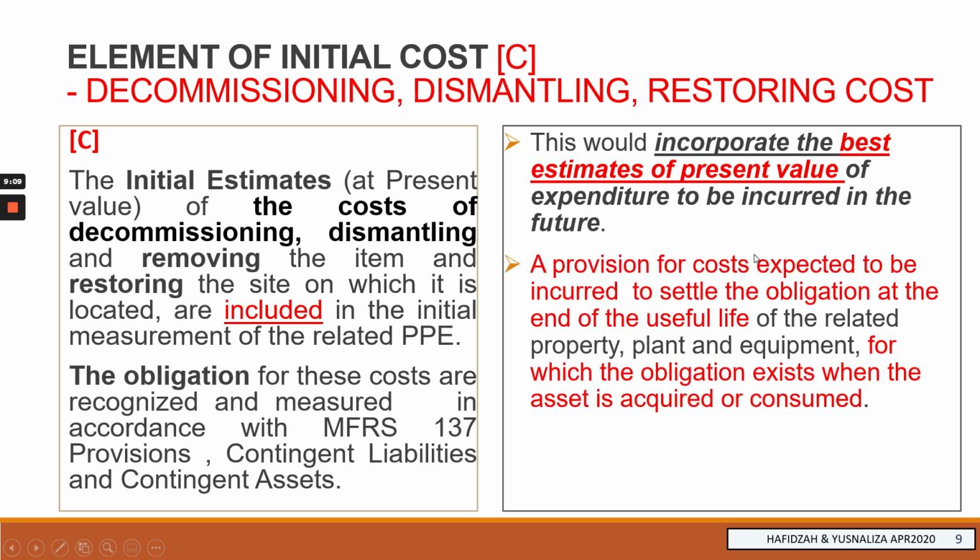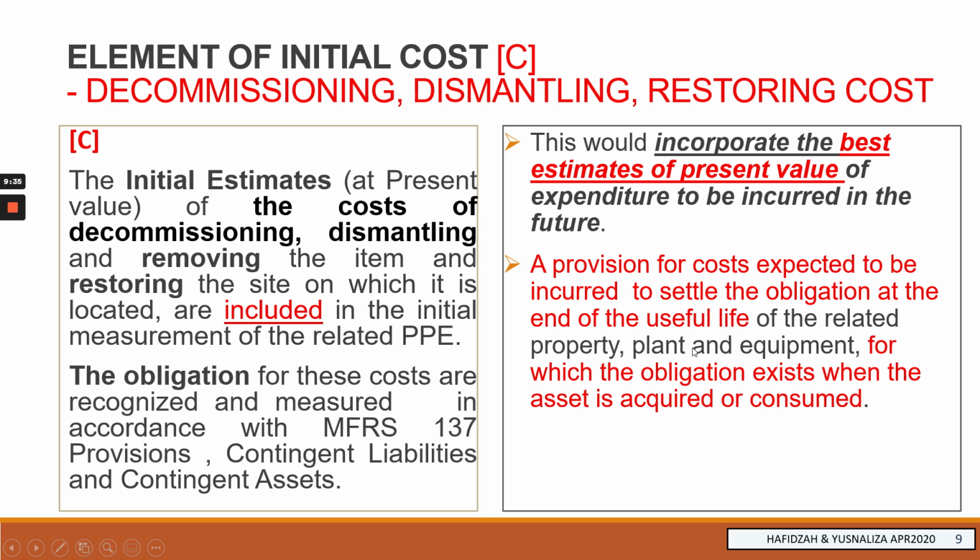And therefore, a provision for the cost expected to be incurred to settle the obligation at the end of the useful life. Let's say provision for removal, provision for restoring, or maybe provision for decommissioning or dismantling, has to be actually incurred to settle the obligation at the end of the useful life.